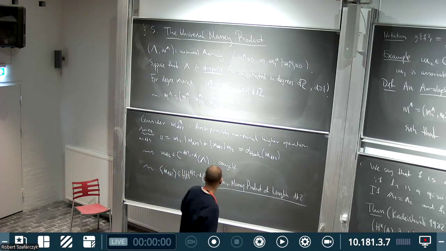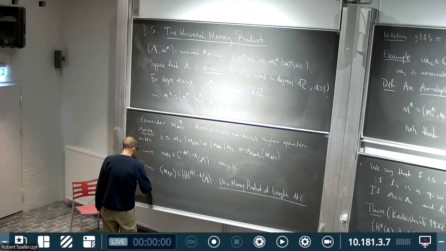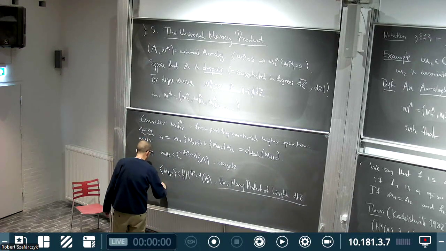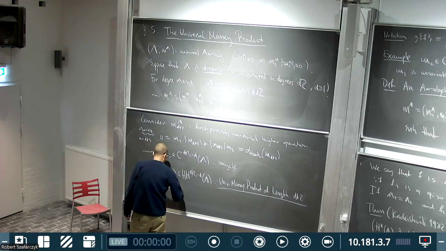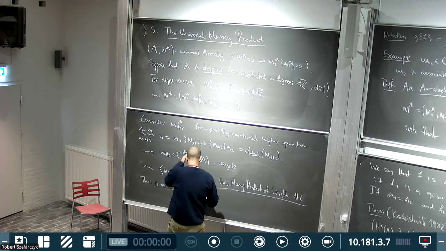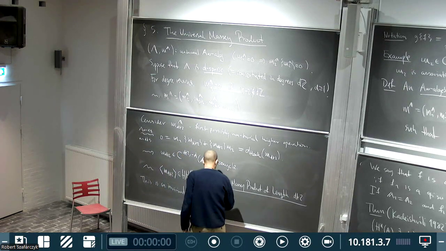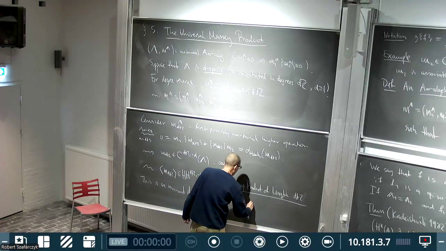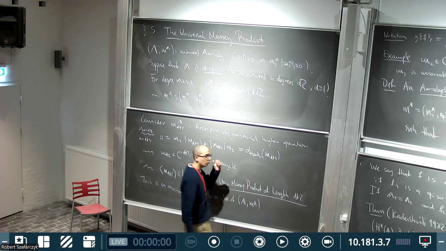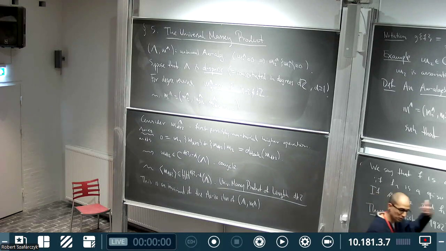So I get the guy like this. This is an invariant of the A infinity isomorphism class of lambda. So Hochschild cohomology is functorial under isomorphisms of vector spaces because this is essentially an endomorphism algebra.